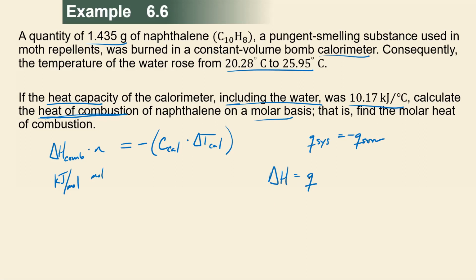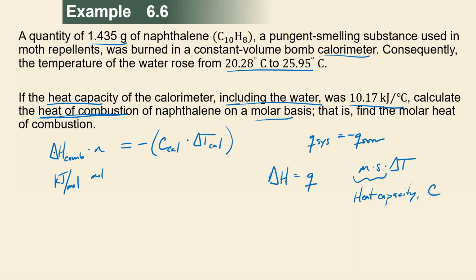And so we can substitute Q of our system with delta H of our system as long as we know the number of moles. The surroundings, remember, is M times S times delta T. Again, we talked Monday about how if you know the mass and the specific heat, you can calculate the heat capacity. And that's usually a big C.